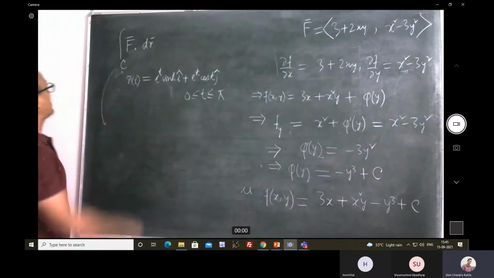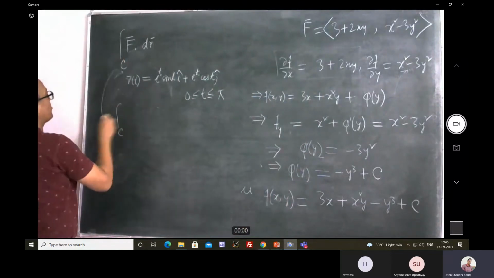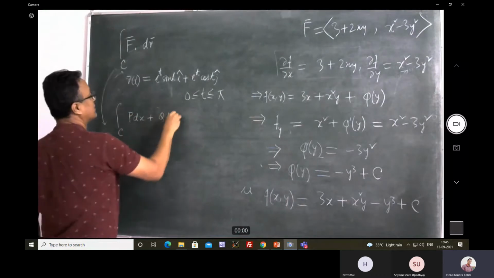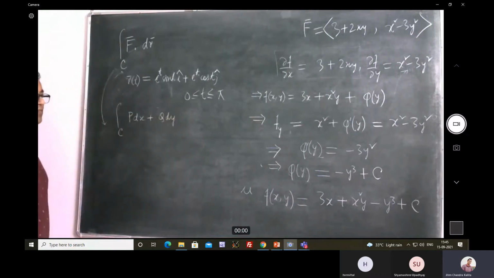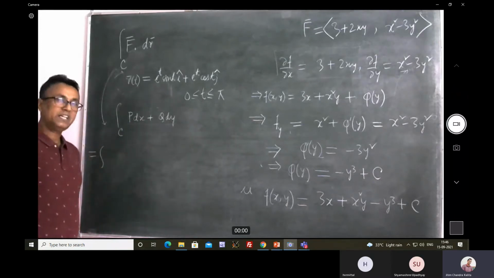Okay. So now if I want to evaluate it directly, then this is simply going to be P dx plus Q dy. Fine? So then what is going to happen? I would have converted it into the parameter t.